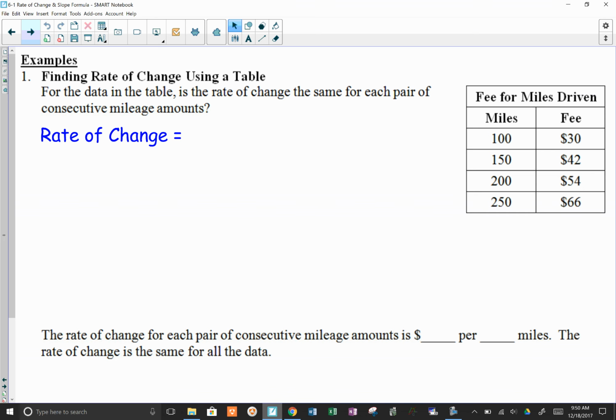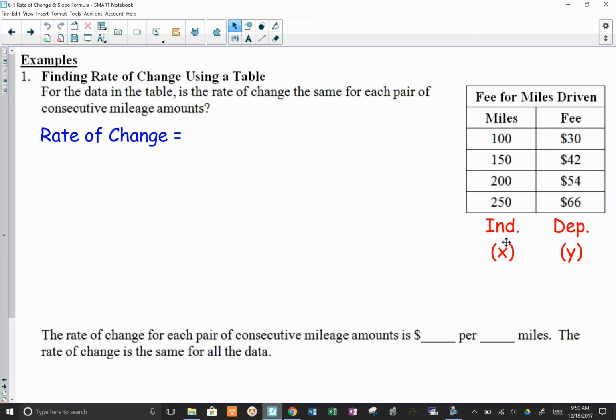If you think about the kind of situation here, the fee would depend on how many miles are driven. So that makes the fee the dependent variable and miles the independent variable. And you also think about you control how many miles you drive. If wherever your destination is, you pick that destination, you're in control of that. So that would be the independent.